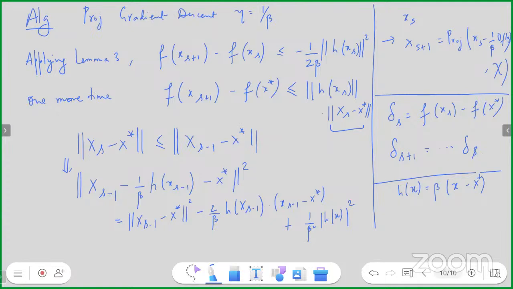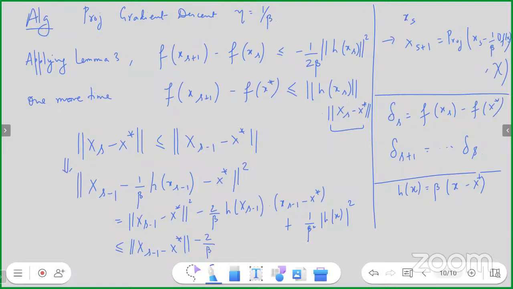So this is as it is. So this is going to be x of s minus 1 minus x star. And using lemma 3, you essentially get minus 2 by beta as it is.